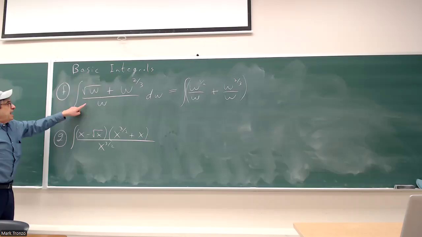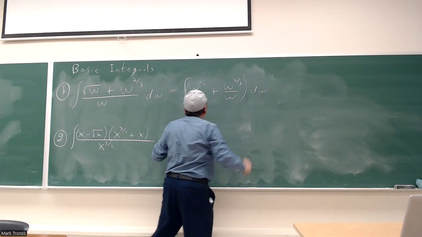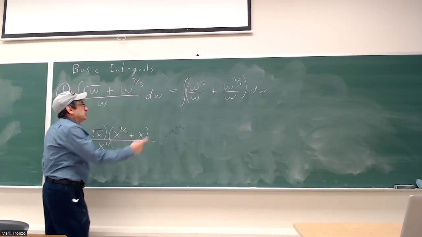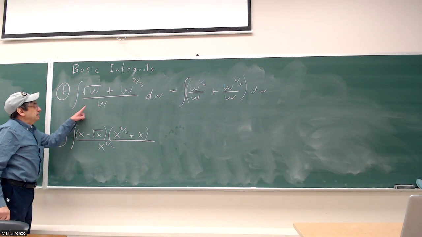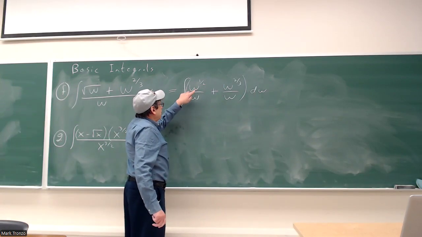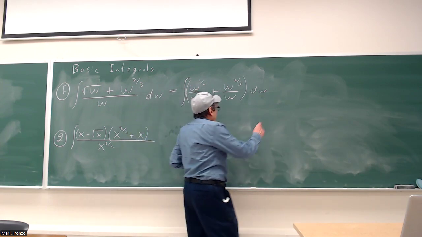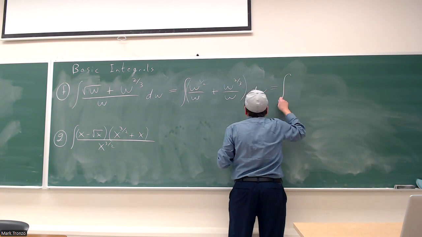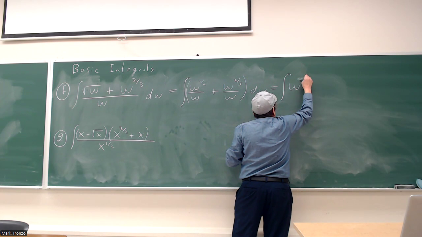We have this. And then if we were to bring this up, this would be like W to the -1. And when we multiply these, W to the 1/2 times W to the minus 1, when we add exponents, this is going to be W to the -1/2.